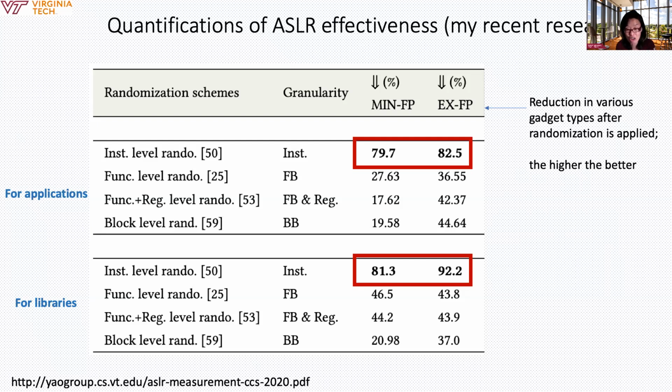So essentially no one can randomize libc. After like 23 years, people found out you can use libc to do code reuse attacks. We still don't know how to randomize libc.